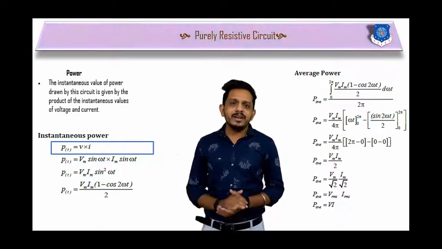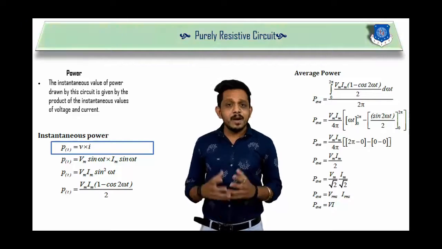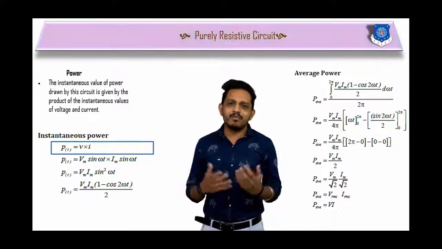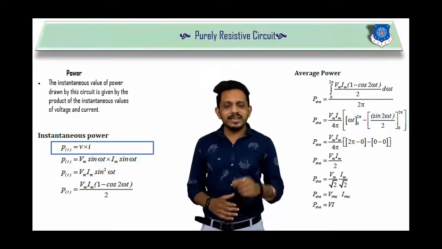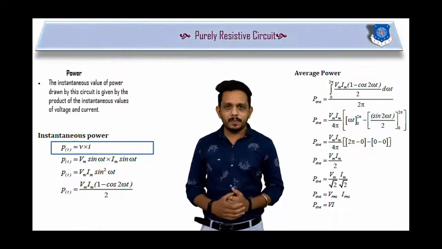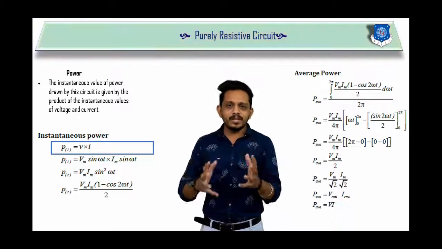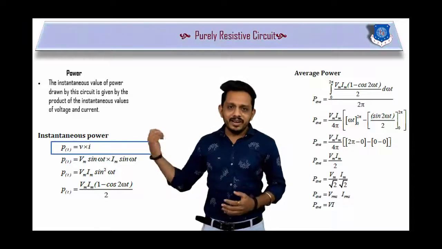To find the instantaneous power, the first equation is nothing but the multiplication of voltage and current. So P instantaneous is equal to V instantaneous into I instantaneous, that is, Vt into It. Now let's put the values of the voltage and current in this equation.